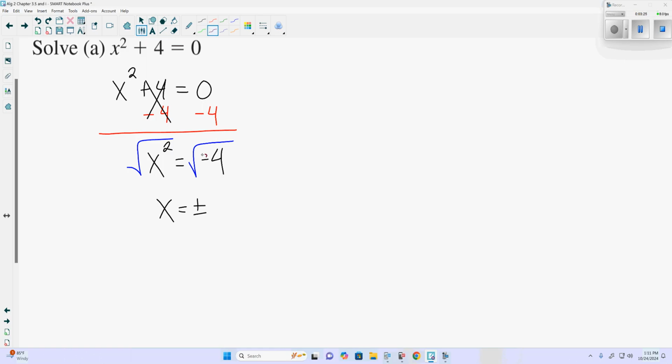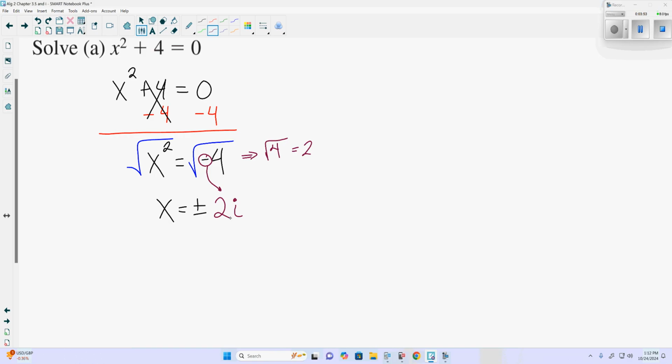The negative inside the radical is going to come out as i. Since we simplified the negative inside the radical, what we're left with is the square root of 4, and our square root of 4 is 2. So the square root of negative 4 is 2i.